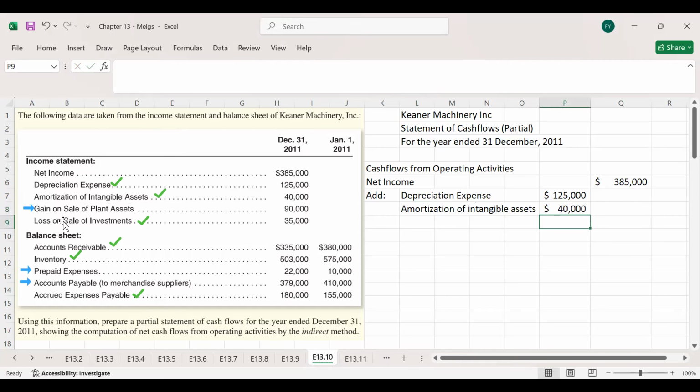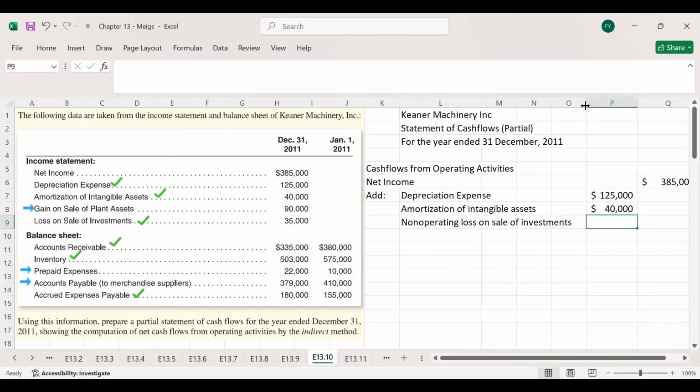Then loss on sale of investment, which is a non-operating loss on sale of investments. Here we have $35,000. Then accounts receivable.